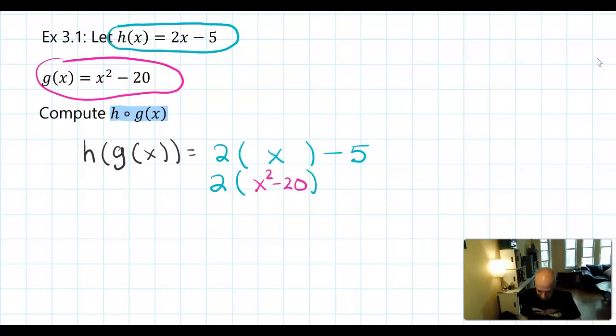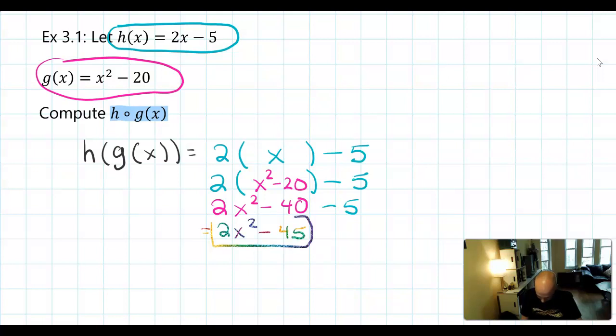That's what it means to do h of g of x. And simplify some more. So in this case, the final answer is 2x squared minus 45.